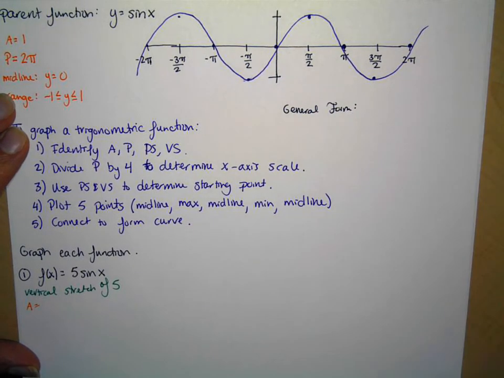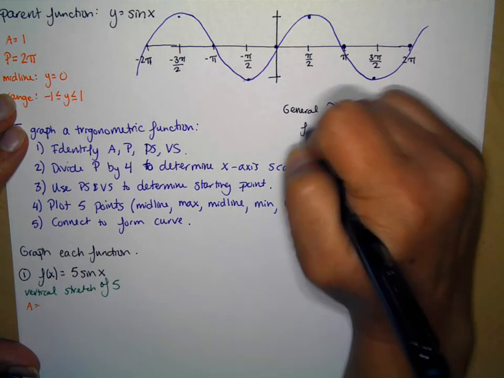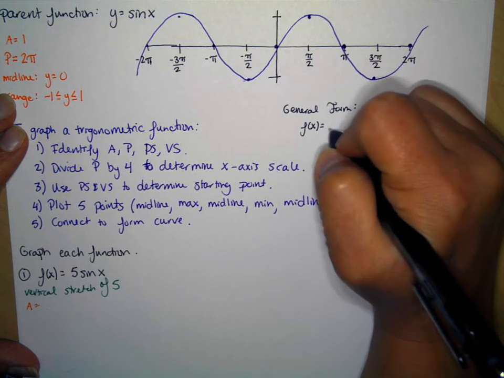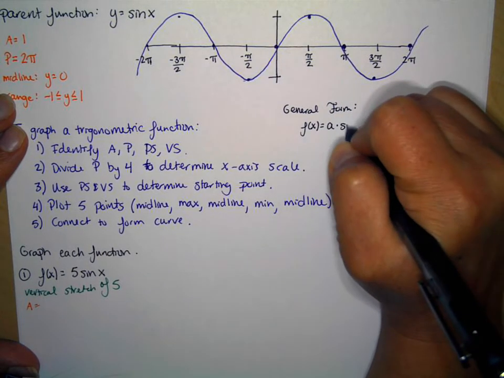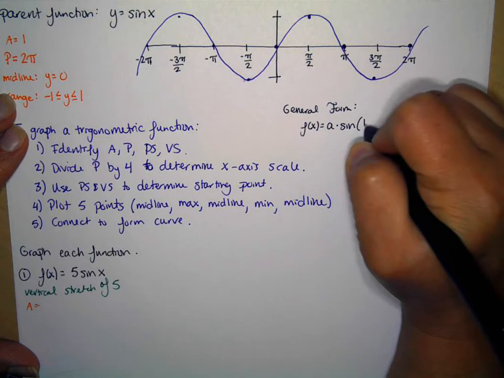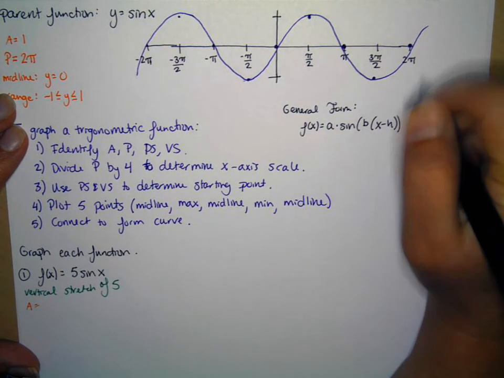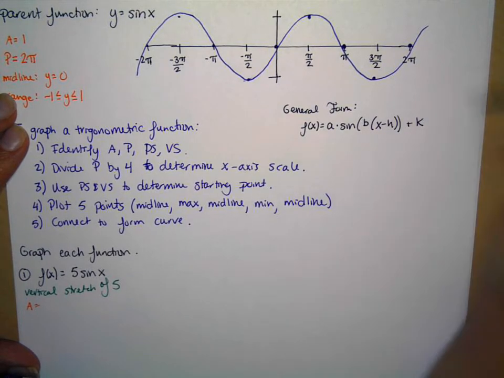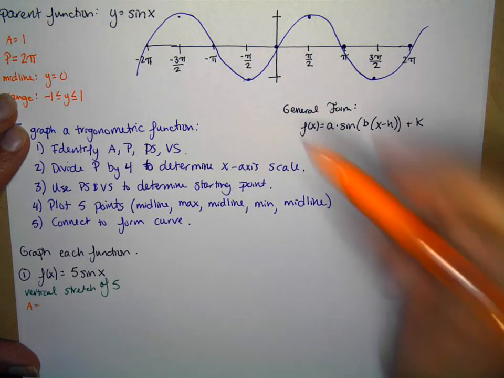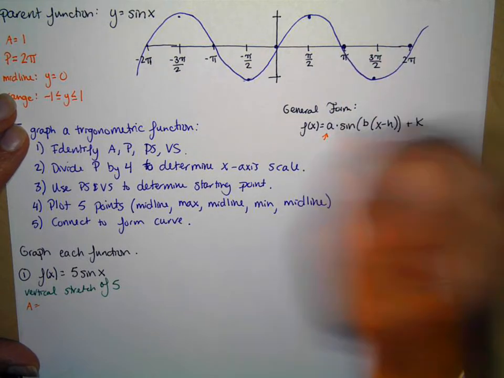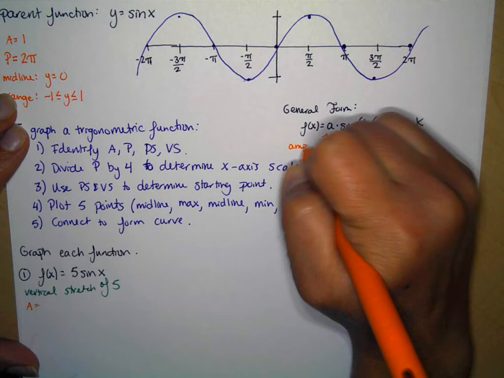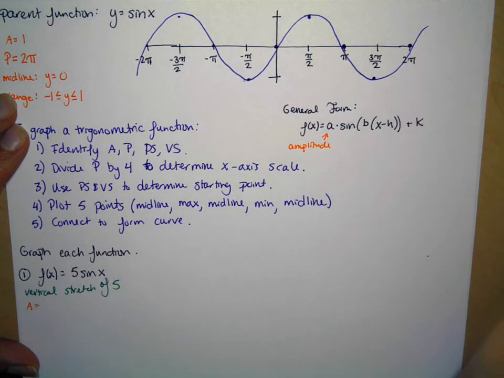The general form of a sine function is going to look like this. f of x is equal to a times the sine of b times the quantity x minus h, plus k. Now this number in front is going to tell you your amplitude, right?